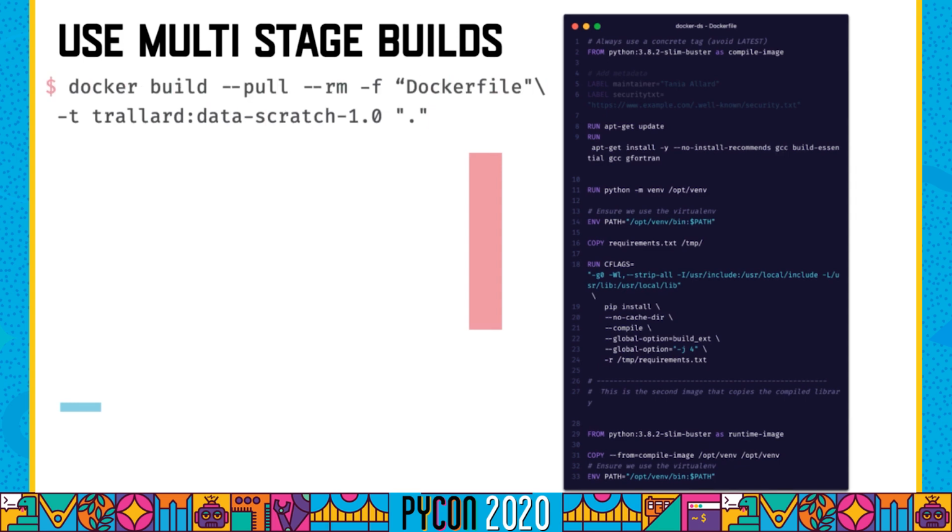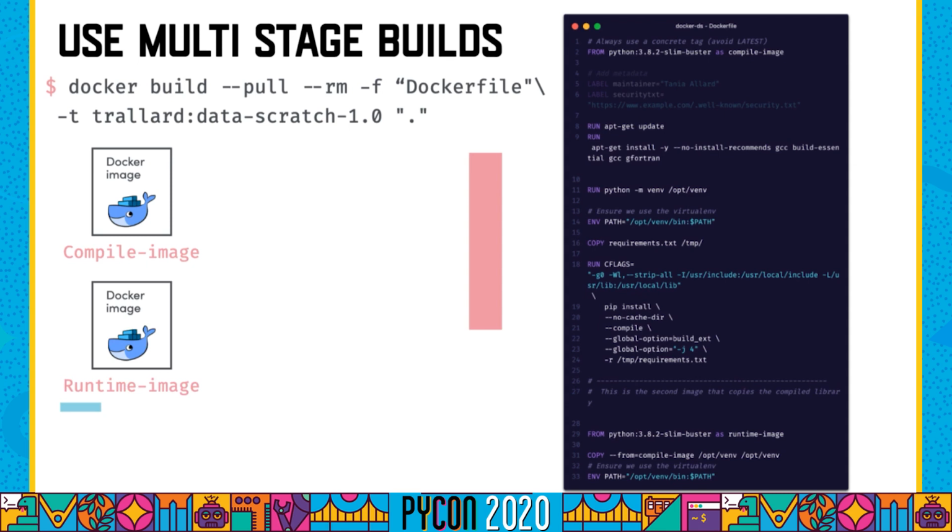So when we do docker build, whatever our image is, and provide a context, Docker will start building that compile image. Once that's completed, it's going to move on to the runtime image. And in this runtime image, what we're going to do is copy only the virtual environment, or you can copy only some of the compiled packages.